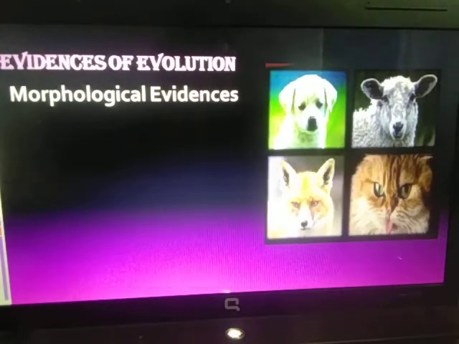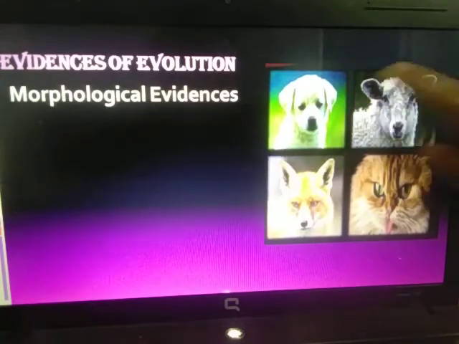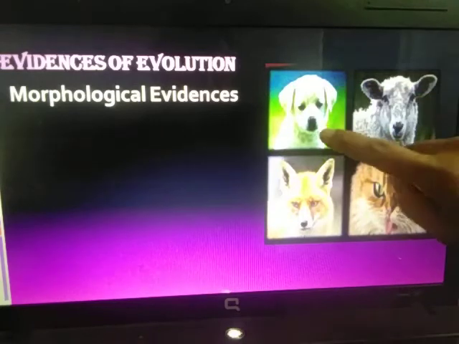If you look carefully, we are trying to find out whether they evolved from each other or not. They have certain common characters, and because of this we can say that they might have common ancestors. Let us see the similarities.